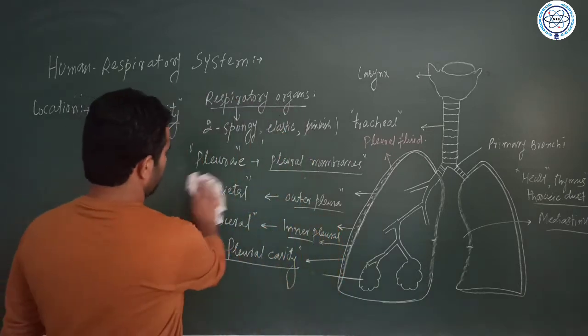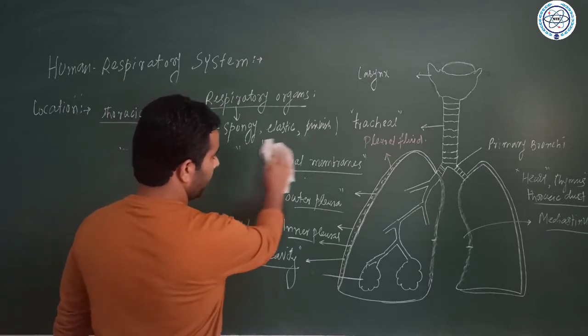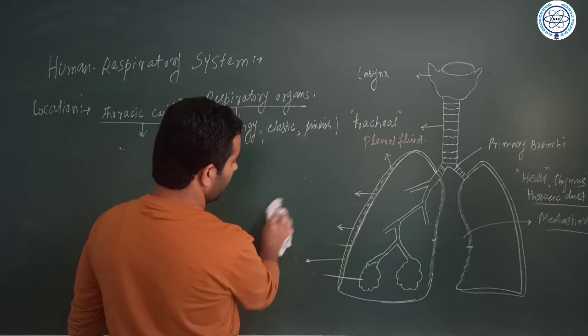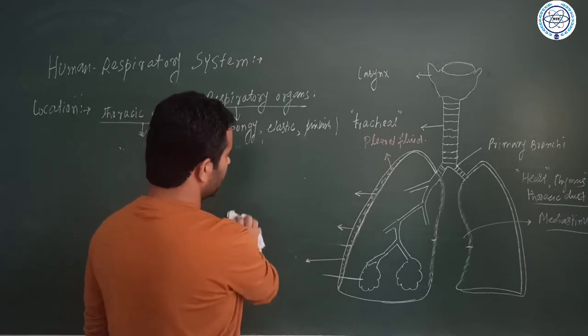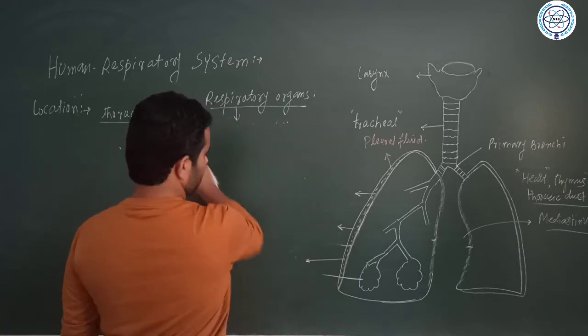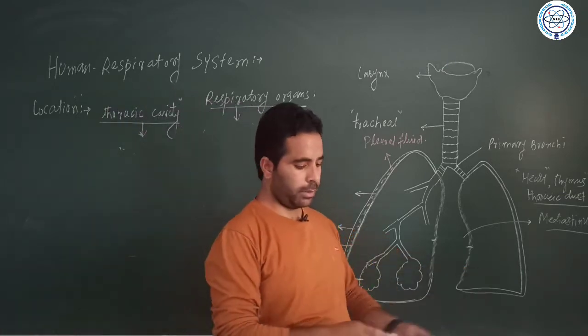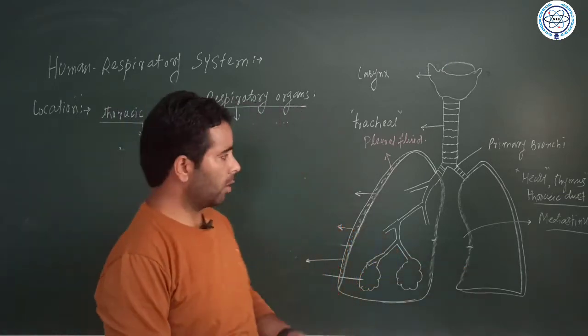Anyways, now so far as external morphology, or the size of these two lungs, is concerned, if you can see the diagram on the board, this one is the right lung. This right lung is larger than the left lung. Yes, there is a difference in the size of the two lungs.